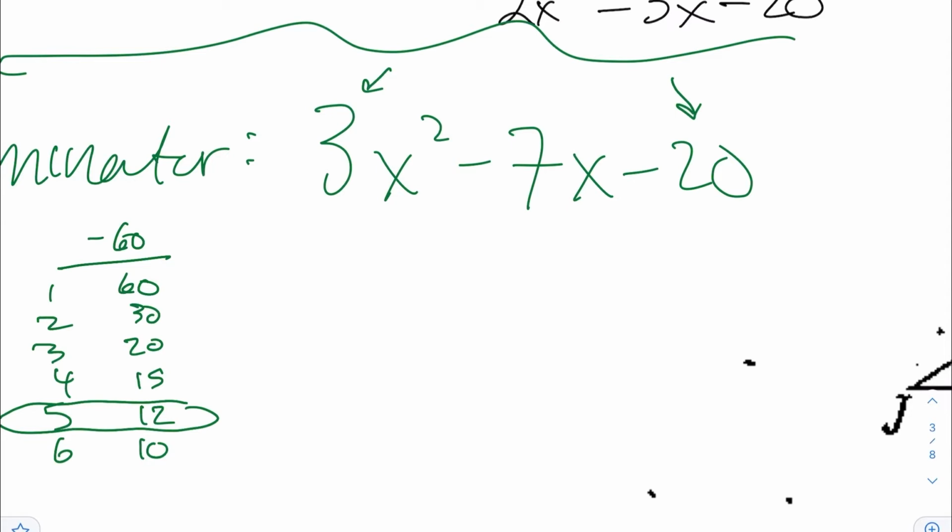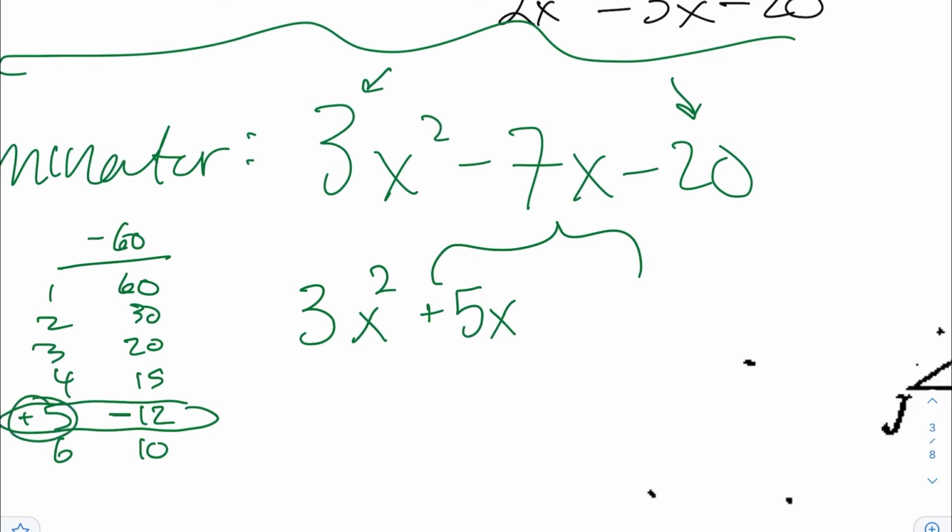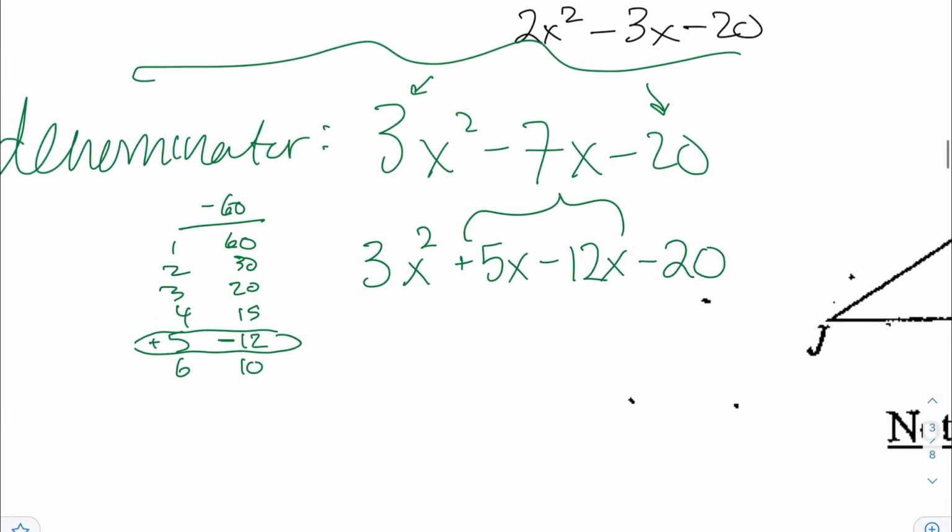So because you have a negative 7, that means it has to be negative 12 and positive 5. So you'll break down this negative 7x as positive 5x for this positive 5 and negative 12x for this negative 12. And you still want to subtract 20. So that's that expanded form.